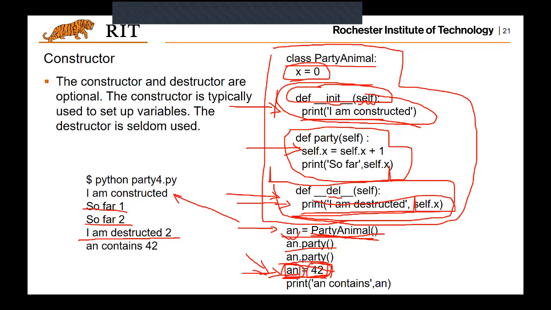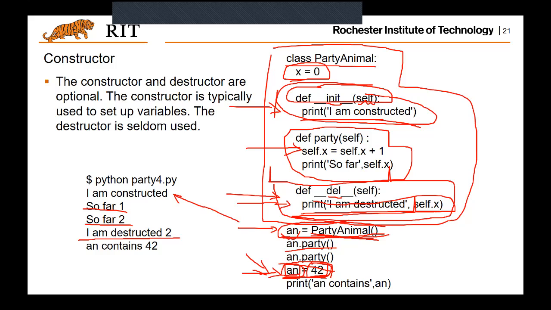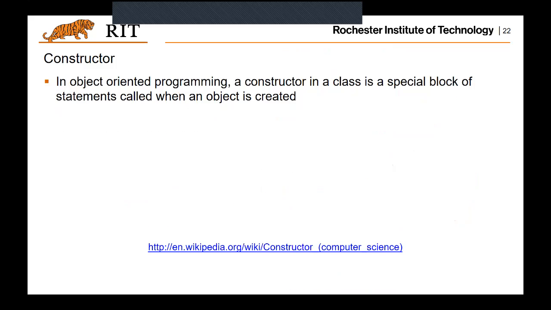So basically, again, Python takes care of the destruction of an object, so you don't need to worry about it. The only thing is you want to create an object, utilize it for something, and then Python handles it when you do not need it anymore. All right. So that's the definition of the constructor.